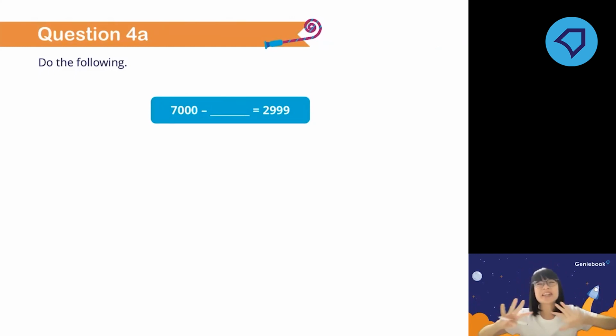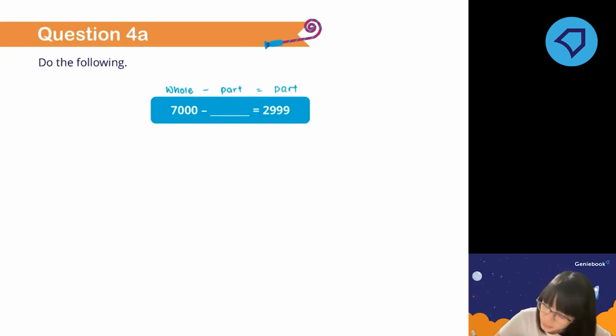For those of you who find it a little bit confusing for this type of question, I need you to remember your number bonds. Remember when we do subtraction, this number is always the biggest. So this is actually the whole minus the part will give you the part.